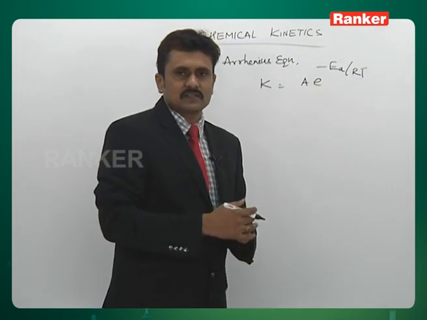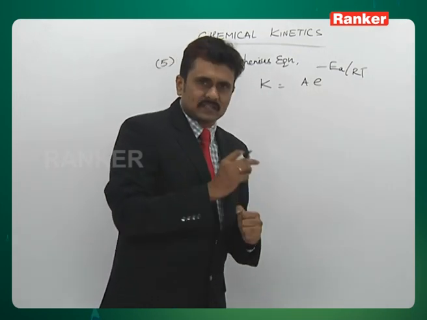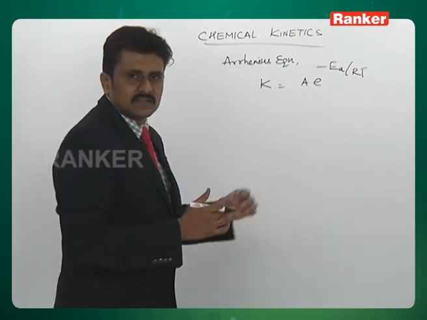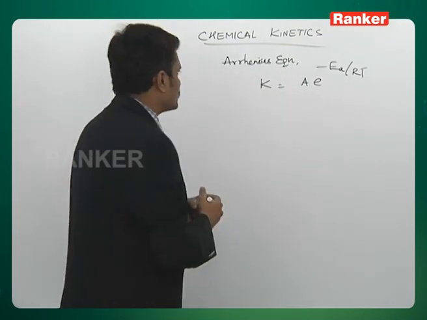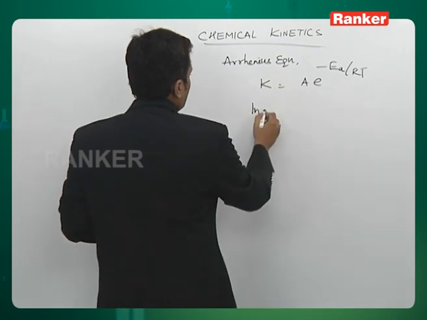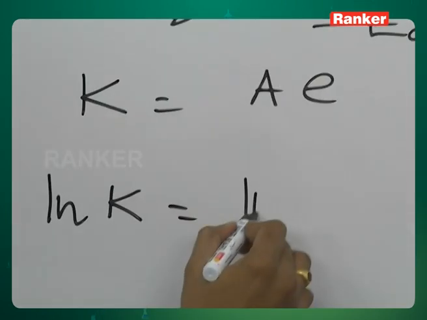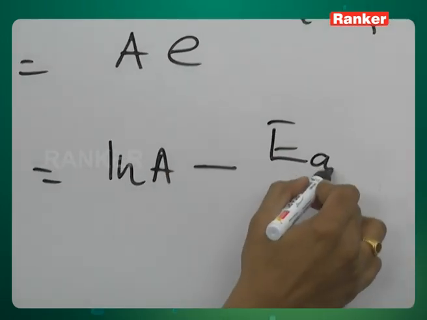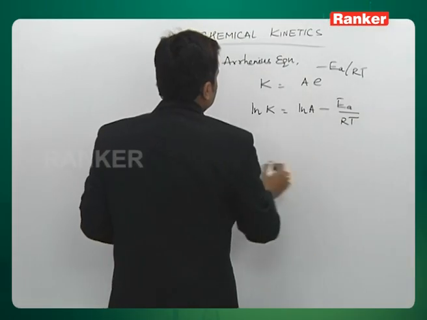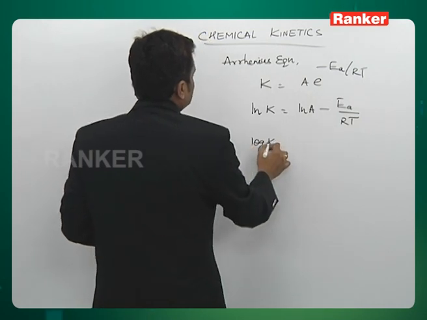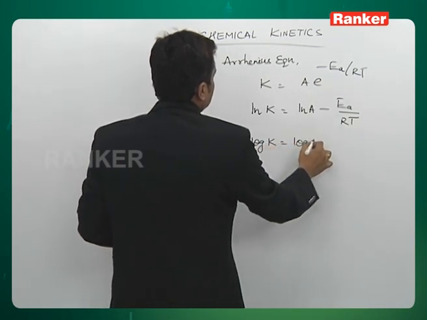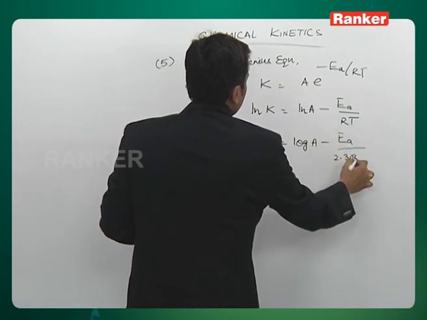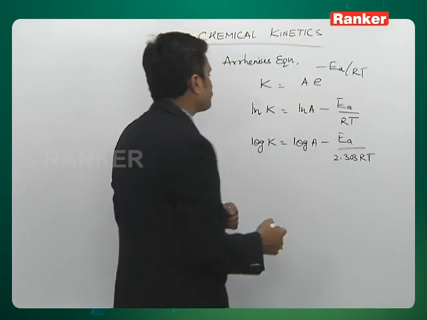Now we know this A, and we know that activation energy, and this is universal gas constant along with the temperature. Now to get the prescribed information to be used by using this equation, let us apply the logarithm to this, where log base e is being used in order to eliminate the exponential factor, and when I convert this into the log with base 10, I am going to get this ultimate expression.